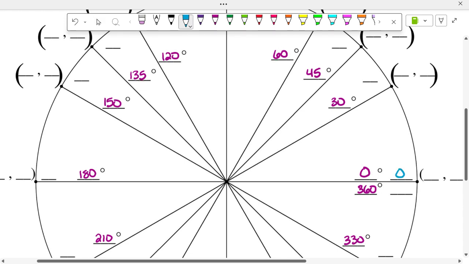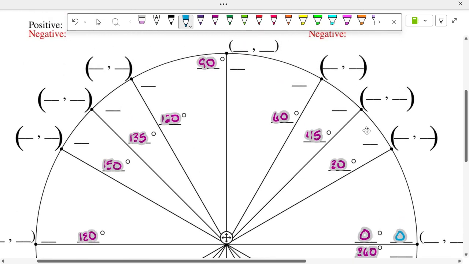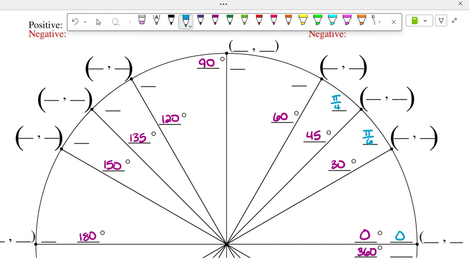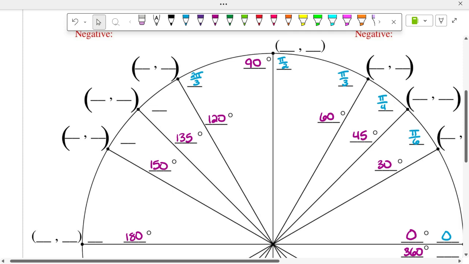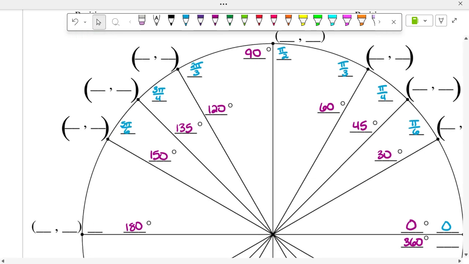So we start with 0 again. What's the first one? Pi over 6. Next. Pi over 4. Next. It's on that paper, so if you have it in front of you, it's an easy reference. Pi over 3. The first paper we did at the beginning of class. Pi over 2. Then 2 pi over 3. Then pi.